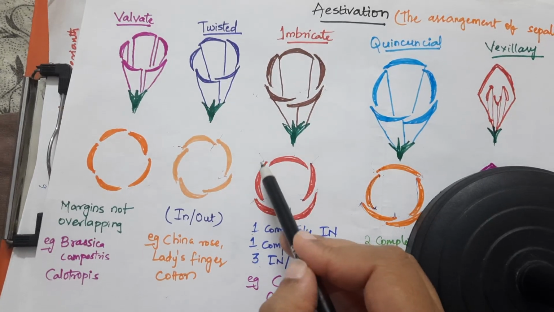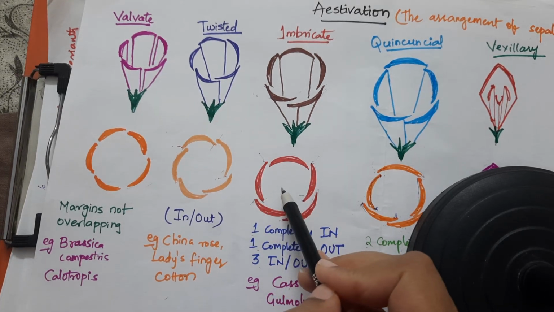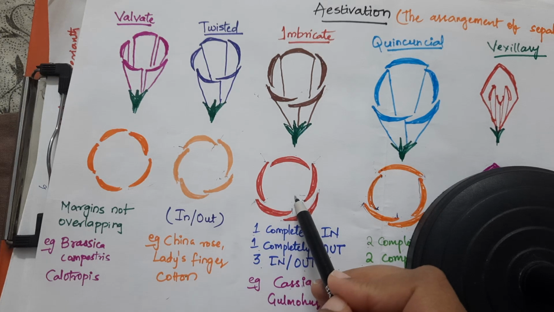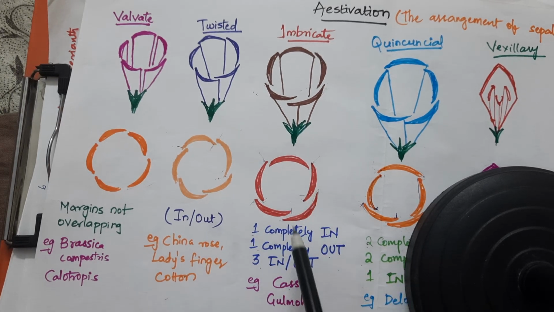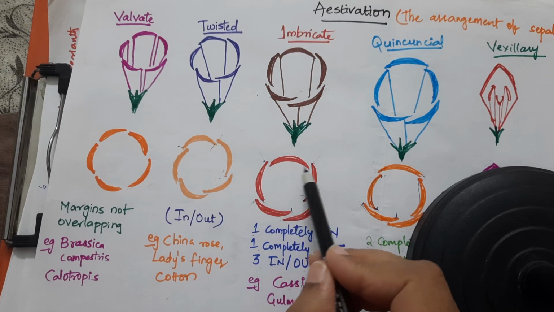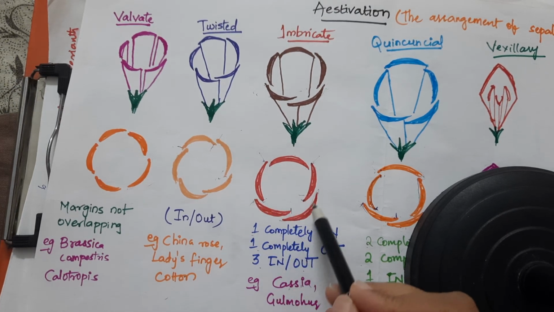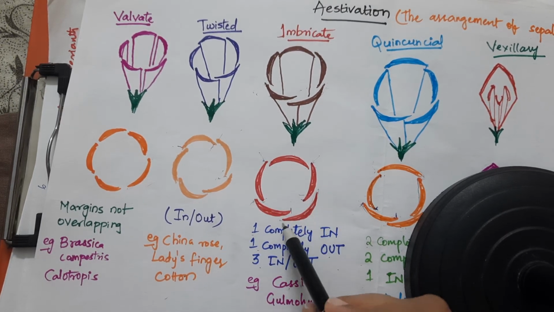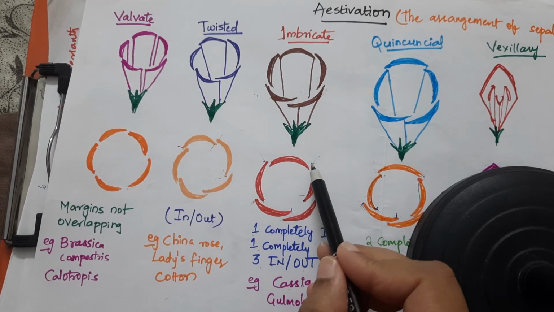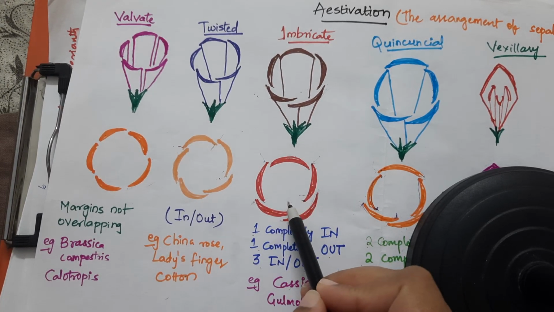So one sepal is completely in because the two margins lie inside, in one sepal the two margins are totally outside, and in the remaining three sepals, one margin is outer and another is inner.